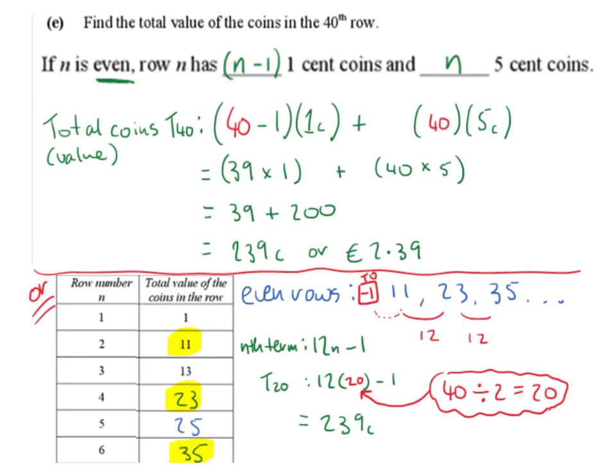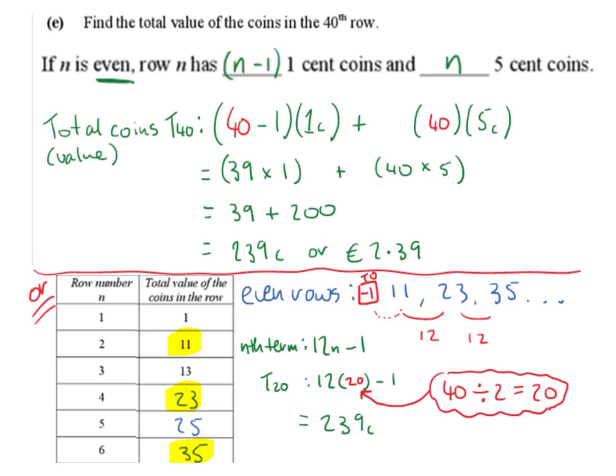Alternatively, we could have taken all the even rows' values. So the second row was 11, the fourth row was 23, the sixth row was 35, and we would have started a pattern 11, 23, 35, and we would have got the nth term for that. So to get from 11 to 23, we're adding 12, from 23 to 35, we're adding 12. So the first part of our nth term is going to be 12 with an n stuck on. And then we go back by 12 to get the 0 term, and 11 minus 12 is minus 1.